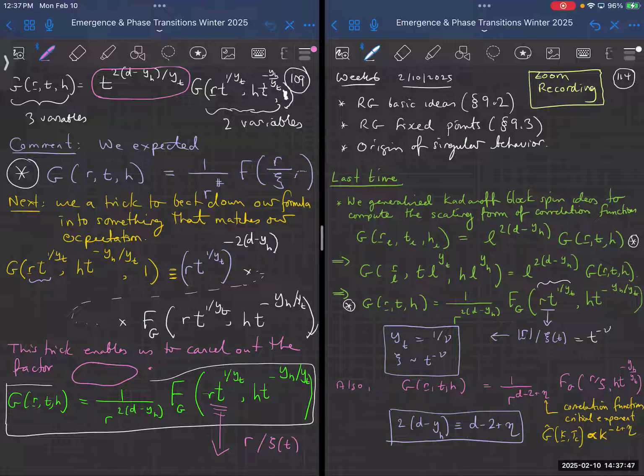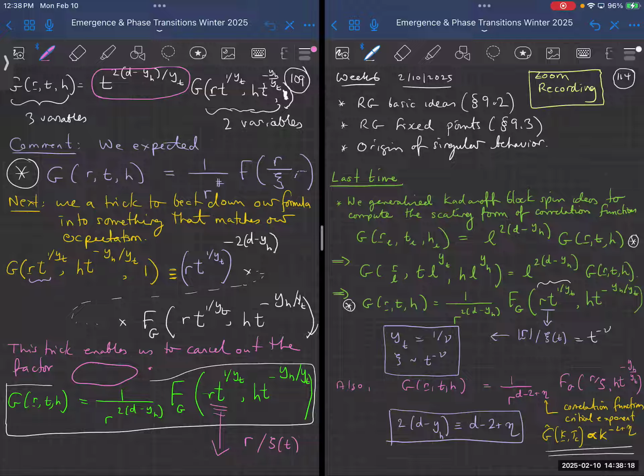Then I also showed you that we can write the scaling form as shown down here at the bottom in purple. We expect the correlation function to scale with a new critical exponent eta, which is defined down here. It tells us how correlations vary with distance, or with wave number once you take the Fourier transform, when you're exactly at the critical point.